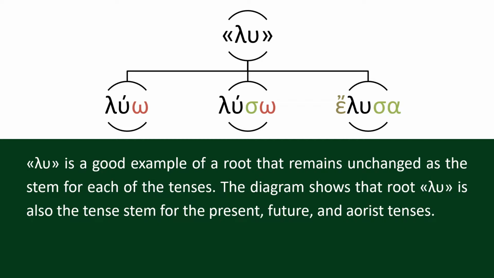Similarly, liso and elisa all contain an unchanged root li. The reason actually that we use the verb li for memorizing Greek verbs is partly that it's a really short one, but also partly because it is such a constant and stable verb. In other words, the root li is easy to recognize and remains unchanged in each of the tense stems.